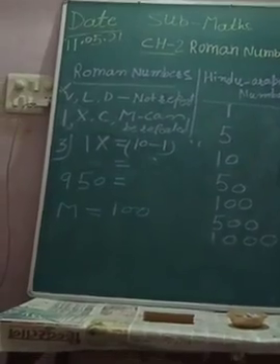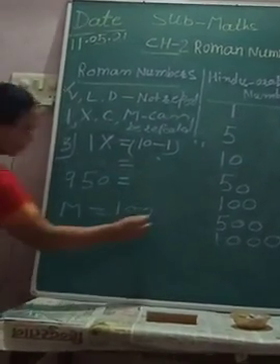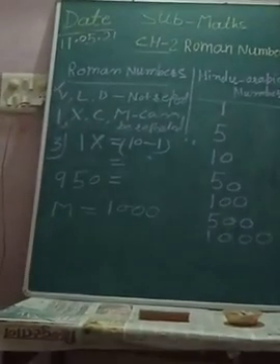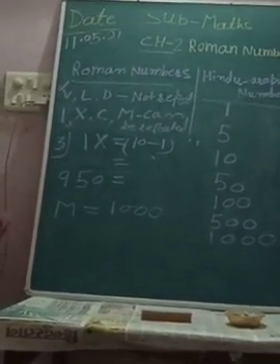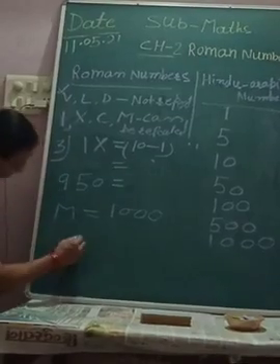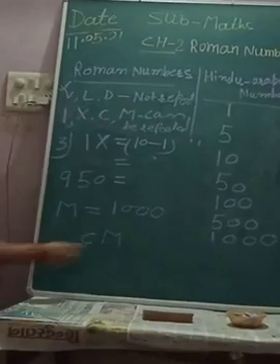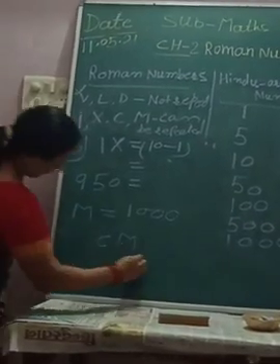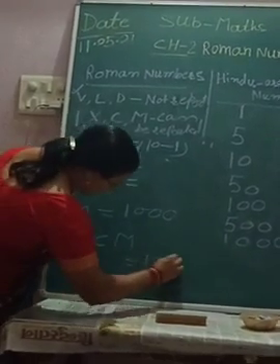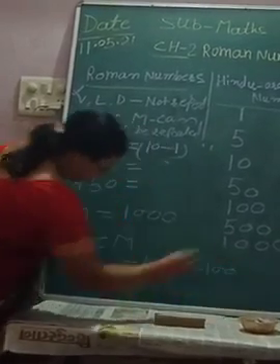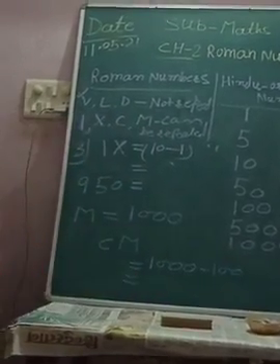Yes, ma'am. Ma'am, we will write CM. Okay. Then, ma'am, it will become 900. M is equal to 1000 and C is 100. So it will become 900.